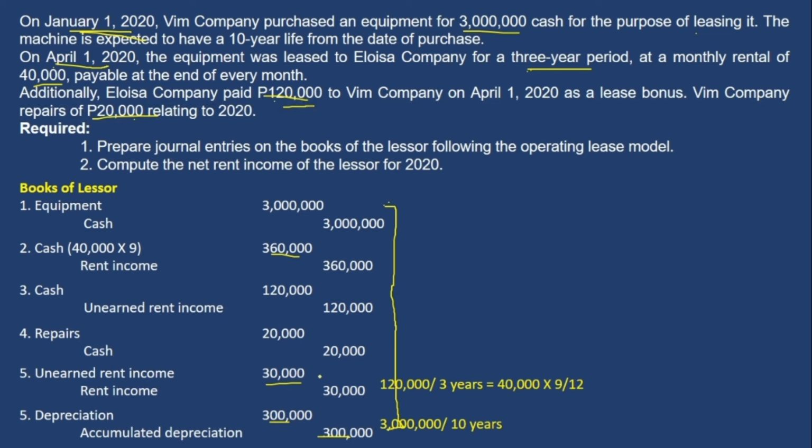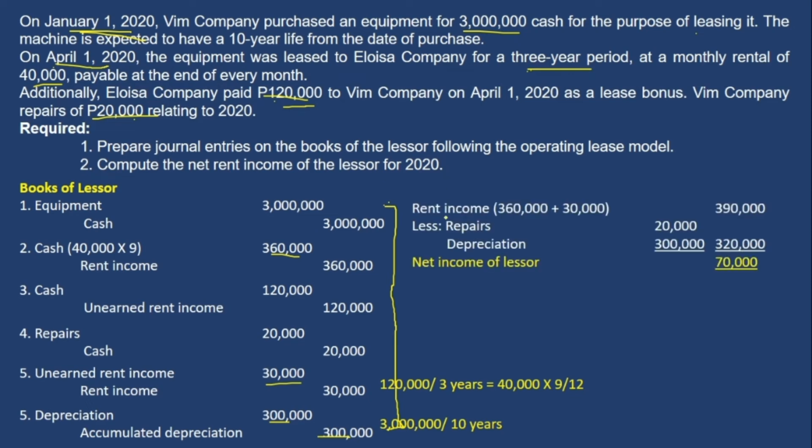Then, the second requirement is to compute the net rent income of the lessor for 2020. So, rent income equals 390,000, because 360,000 is the 9 months of rent income plus 30,000 amortized from the lease bonus equals 390,000.